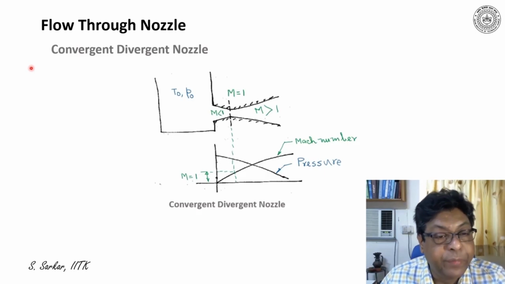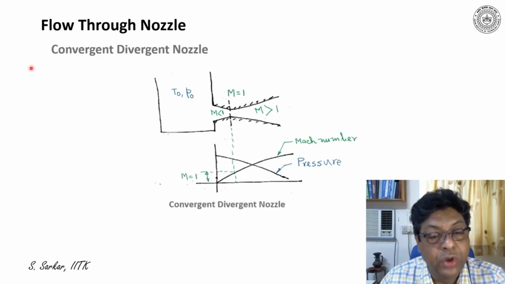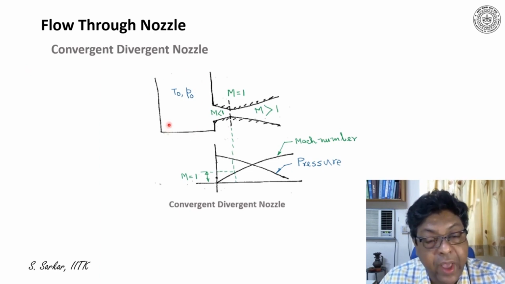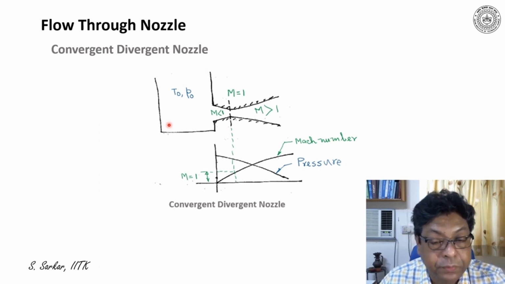Here I will discuss a convergent divergent nozzle. Let us consider a closed chamber having a pressure P0 and temperature T0, which is connected to a convergent divergent nozzle.